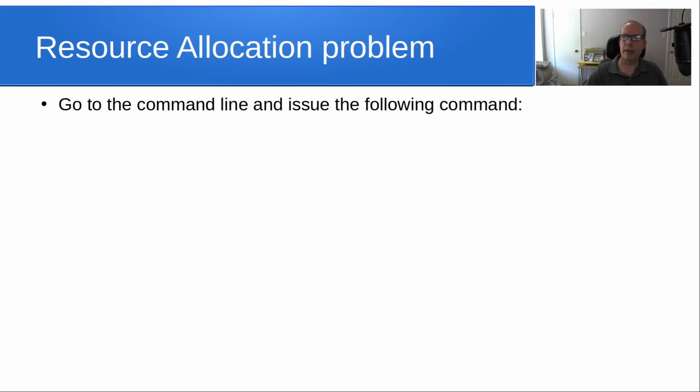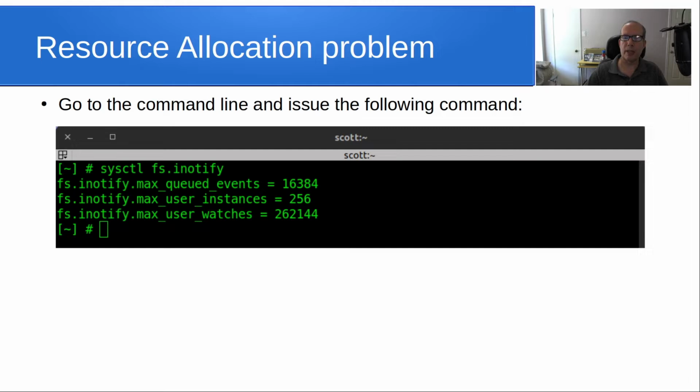Go to the command line and issue the following command: sysctl fs.inotify. And you can see here that it brings back three values: max queued events, max user instances, and max user watches. These numbers here are the default numbers that I had on my QNAP NAS before I made modifications to them.